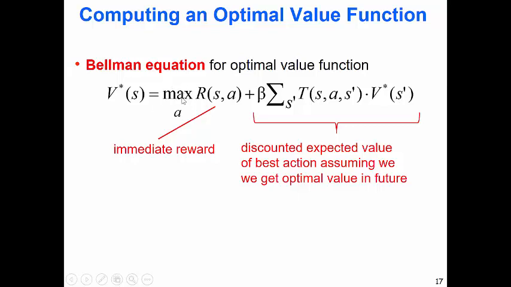So I've got to do the max. It's equal to the max over an immediate reward plus the discounted expected future reward, assuming that in the future you get the optimal value. Right? This is what we just described in terms of the greedy policy. We just had an argmax instead of a max. But this equation is true for the optimal value function, right? So what we know is that if we can solve this equation for the optimal value function for all these states, we found an optimal value function, okay?